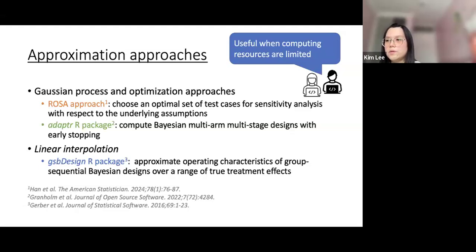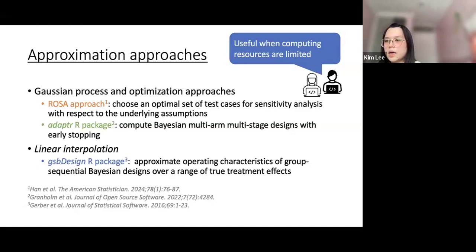The ROSA approach aims to choose an optimal set of test cases for sensitivity analysis with respect to the underlying assumptions, while the ADAPT-R package computes Bayesian multi-arm multi-stage design with early stopping.